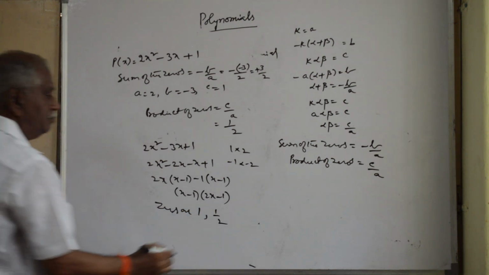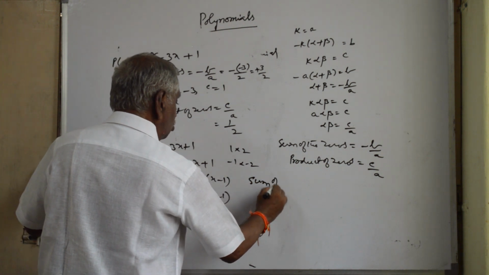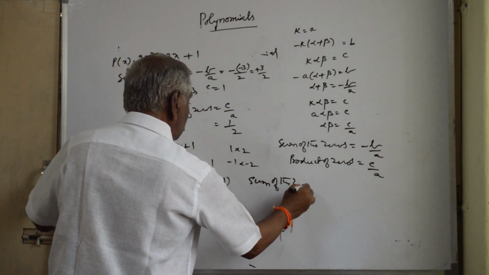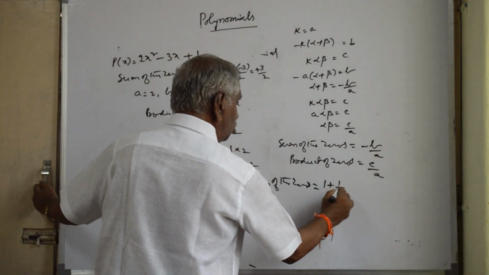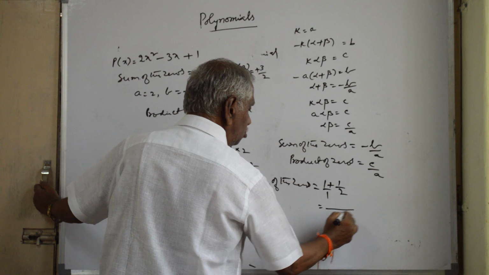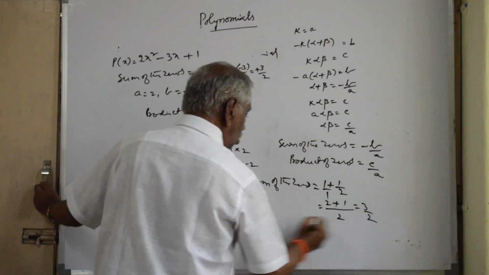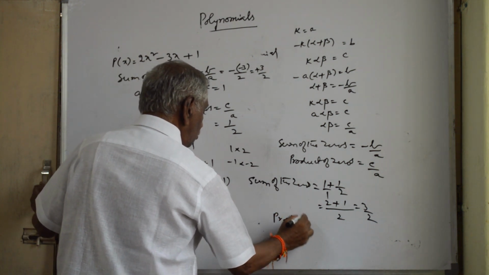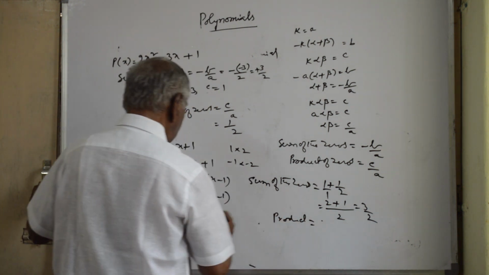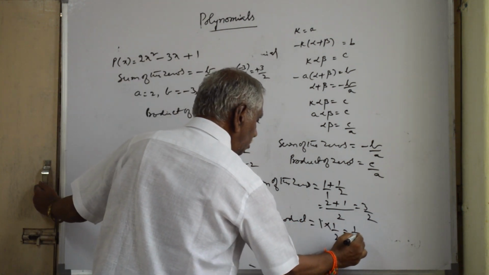When you add them, the sum of the zeros is equal to 1 plus 1 by 2, which is equal to, take the LCM 2 here, 2 plus 1, 3 by 2, and the product is equal to 1 into 1 by 2, which is equal to 1 by 2.